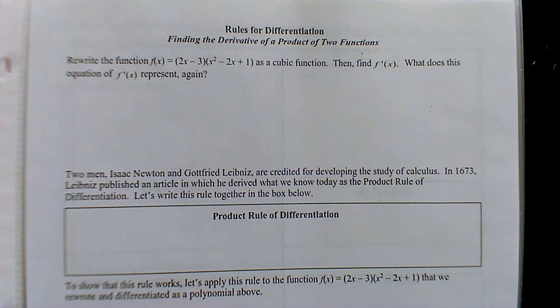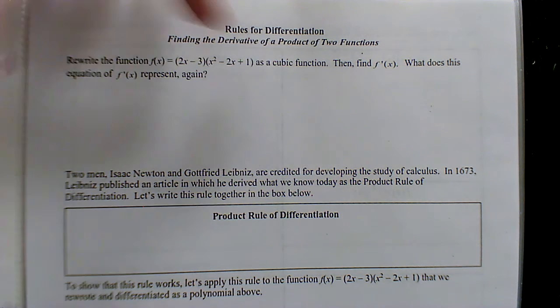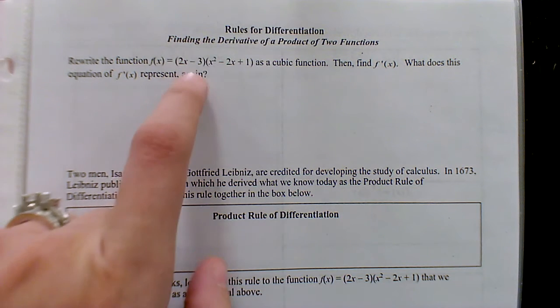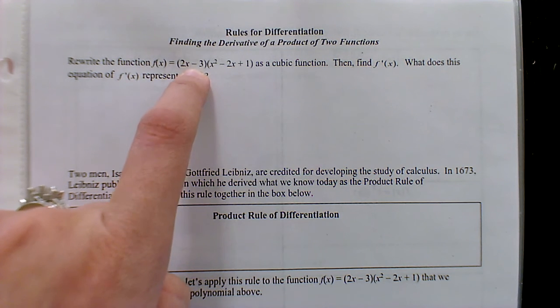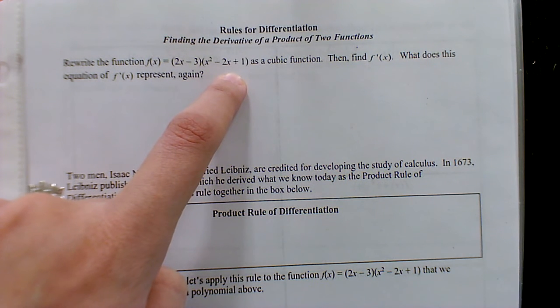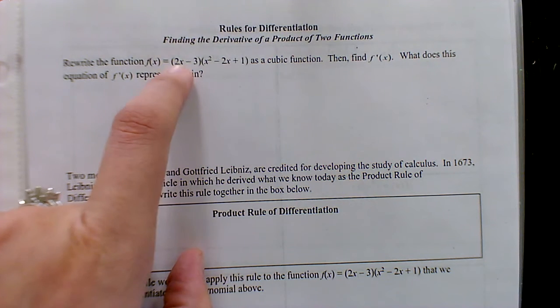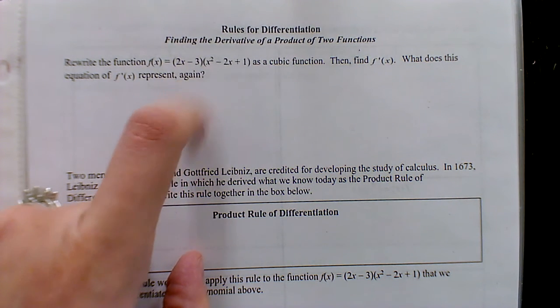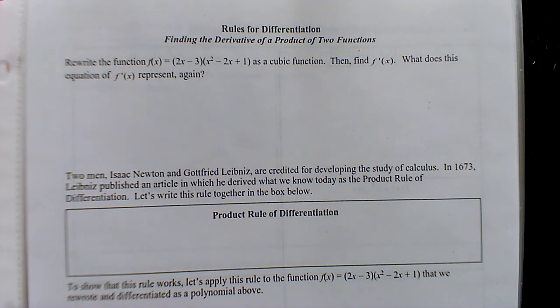So at the top, it says to rewrite the function as a cubic function. Do we realize if we were to take a linear equation times a quadratic equation, that would give us cubic, right? A degree of 1 times a degree of 2 would give us a degree of 3. You add the powers. So let's go ahead and distribute through those parentheses, get rid of the parentheses essentially, turn it into a cubic function.